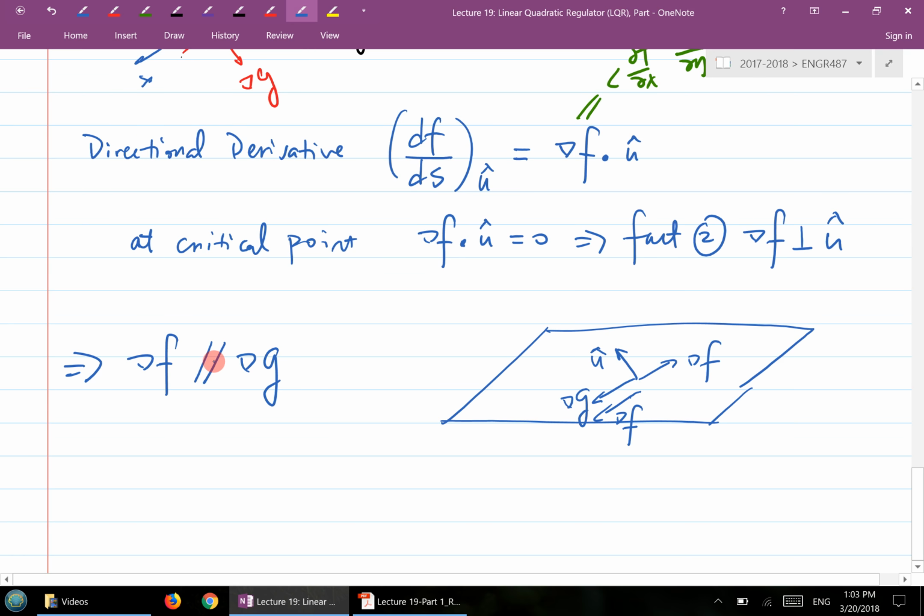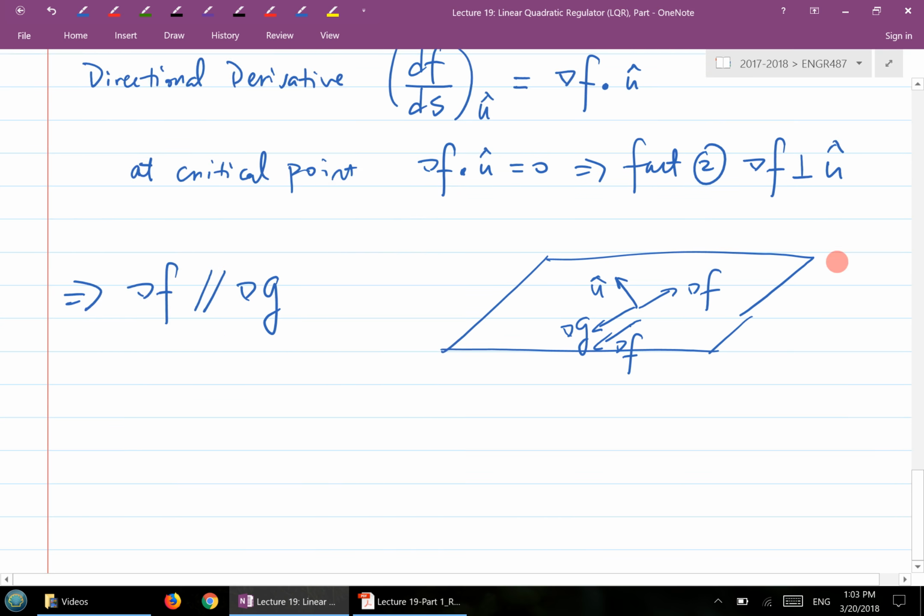If you want to use a mathematical expression to express two parallel vectors, that means the two vectors must differ only by how much? A scale, right? Only different by a scale.